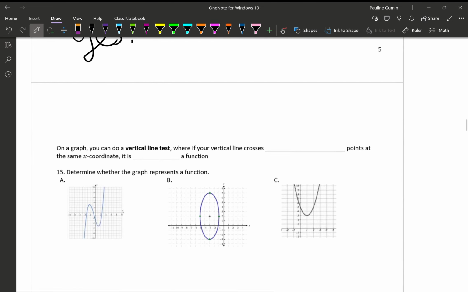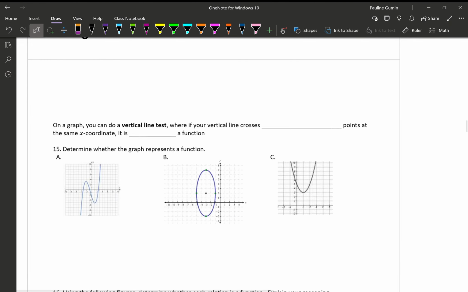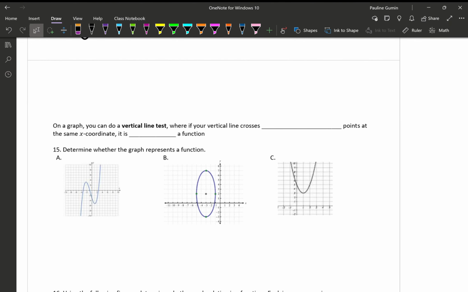Onwards we go. Now, on the graph, I was showing you with kind of dots, but there is a way to figure out whether or not a graph is a function or not, and it's the vertical line test. On a graph, you can do a vertical line test where your vertical line crosses, oh my God, I can't read.